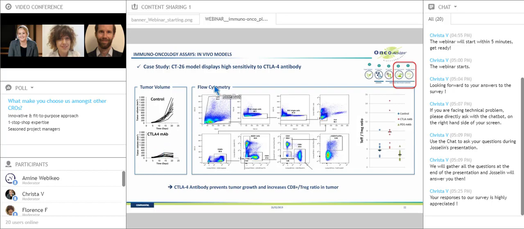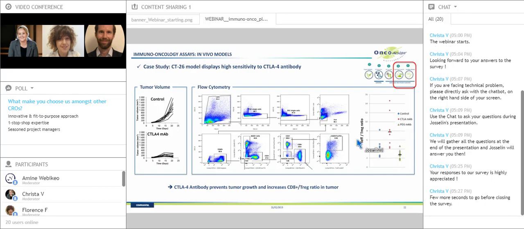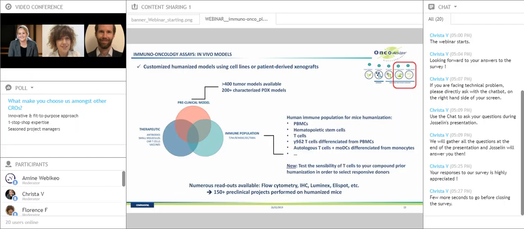And by flow cytometry, following the T-cell population within the tumor, we could also observe that when you treat the mice with CTLA-4, you increase the CD8 plus over Treg ratio, meaning that you increase the population of cytotoxic T cells and decrease the immunosuppressive Treg population. So this is typically the kind of result we have when we use our syngeneic models.